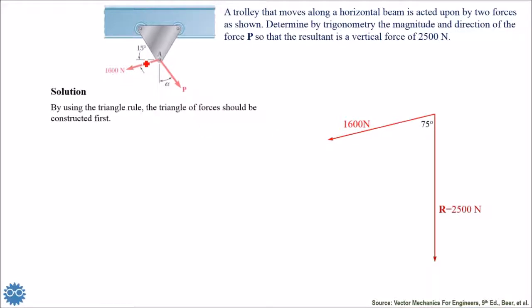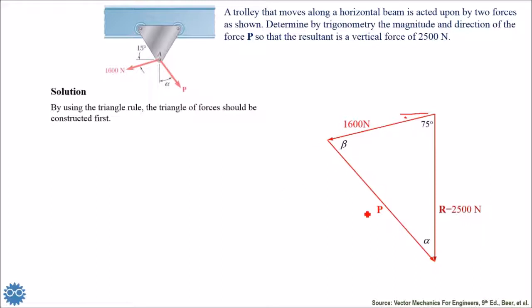So 15 degrees with horizontal means 75 degrees with vertical, because the sum should be 90 degrees. Actually, we use the internal angles. Yes, we have 15, but if we draw it, it will be outside the triangle, so it will not be useful for us. We need an angle inside the triangle.